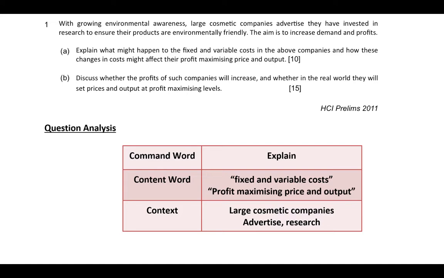So when we talk about your advertisement, is it related to changes in output level? When we talk about this research and development, does the cost of your research and development matter as your output changes? Does it change as your output changes? If your answer is no, then you are correct.